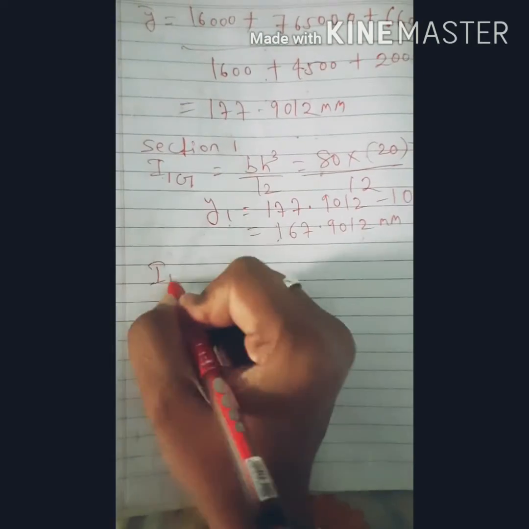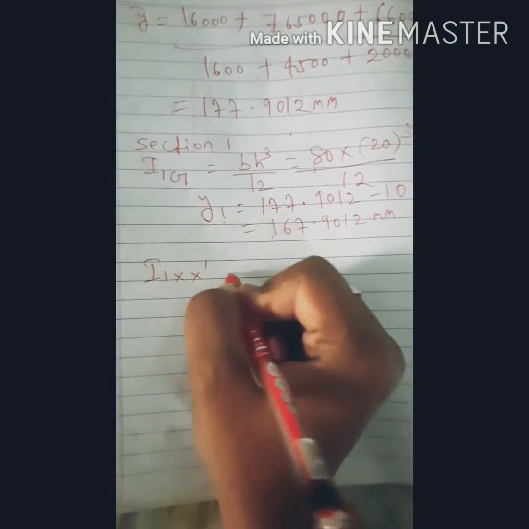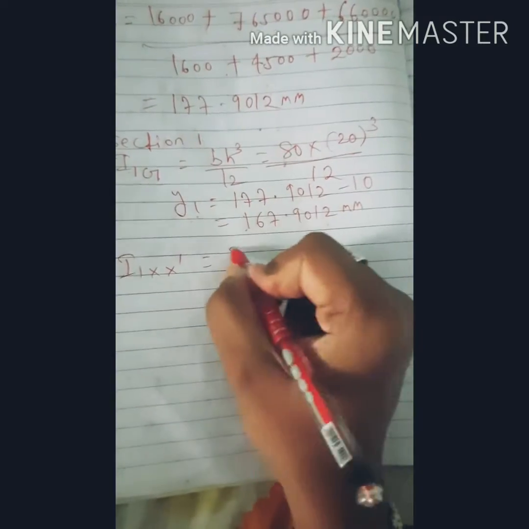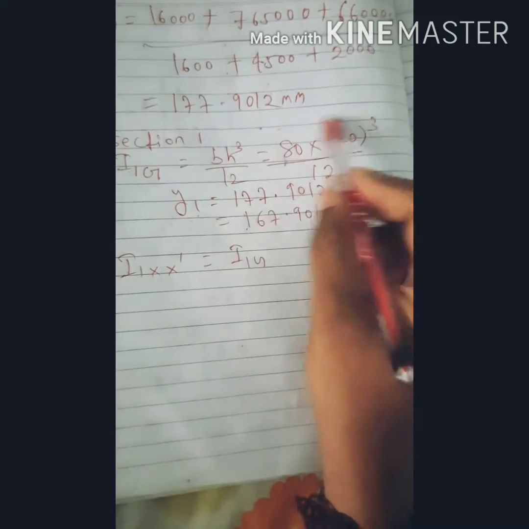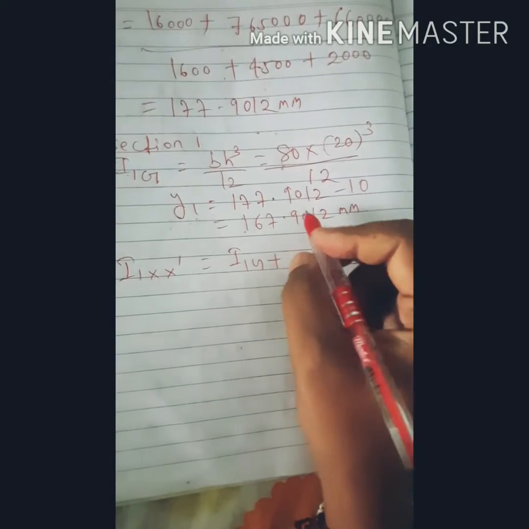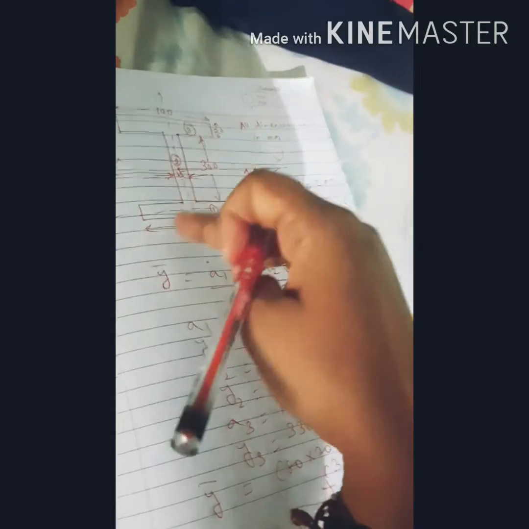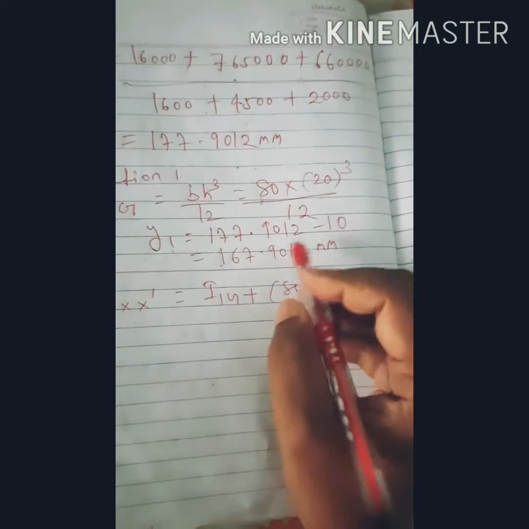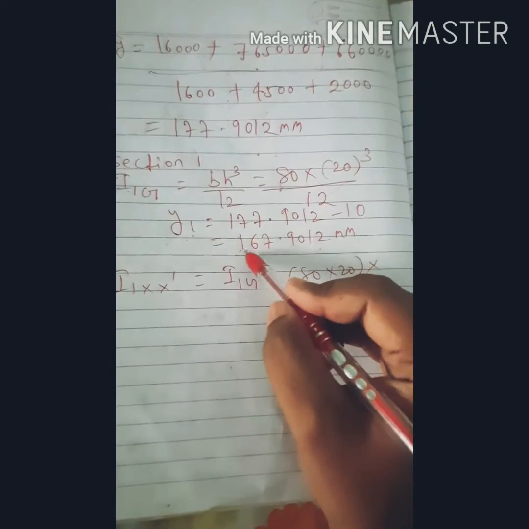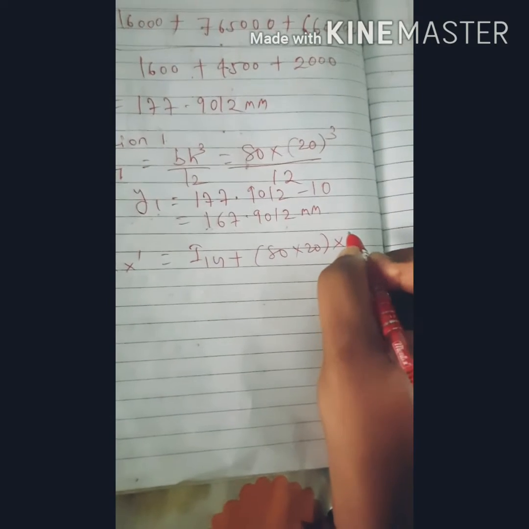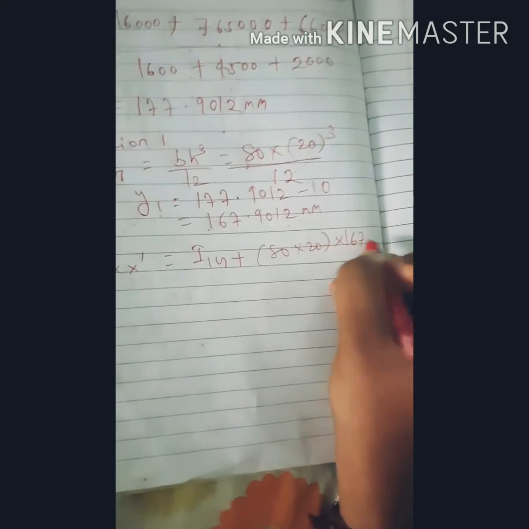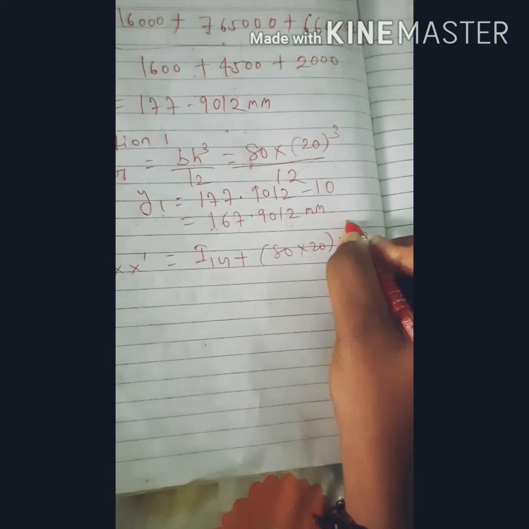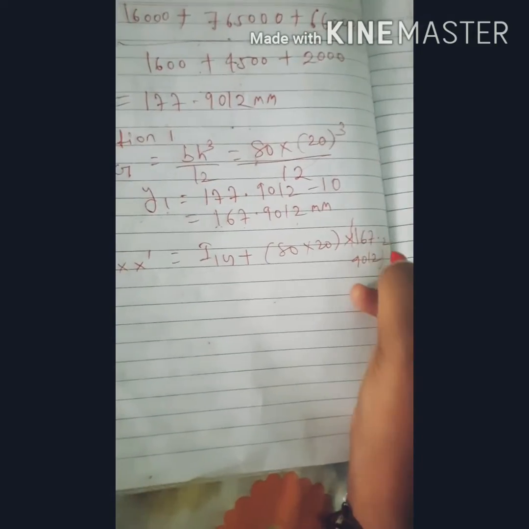So we will use the parallel axis theorem. I1 about x-axis equals I1g plus area of this section, 80 into 20, into the square of the distance between the two parallel axes, that is 167.9012 square.